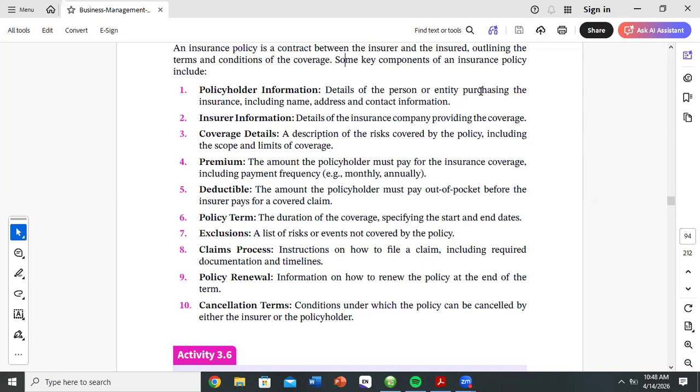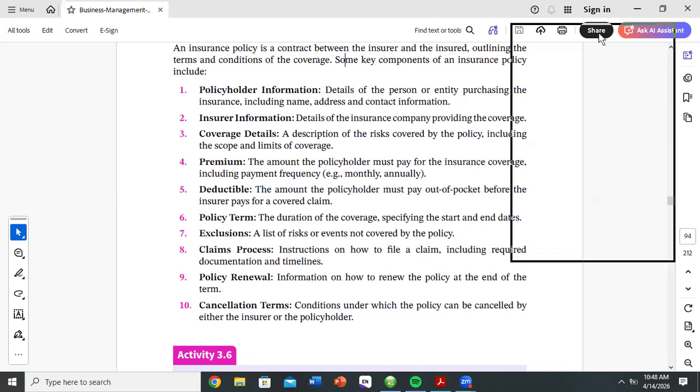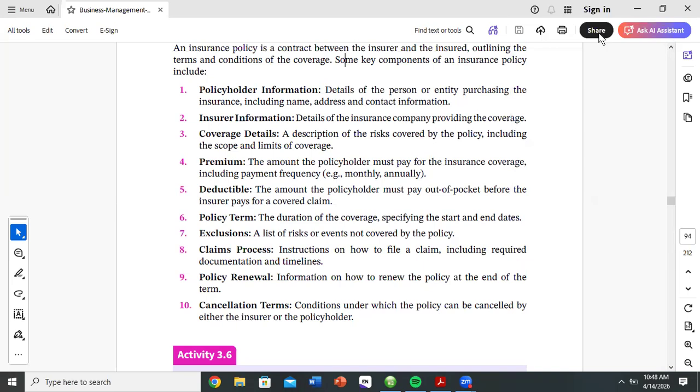Okay. Number 6, Prof. Policy term: the duration of the coverage, specifying end dates. Okay, so that's the policy term. This is more feasible for insurances that have a defined time period.